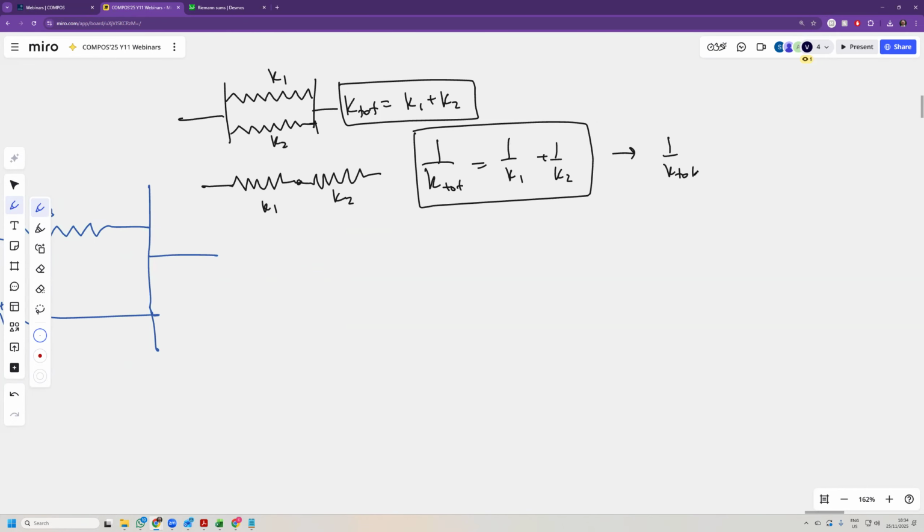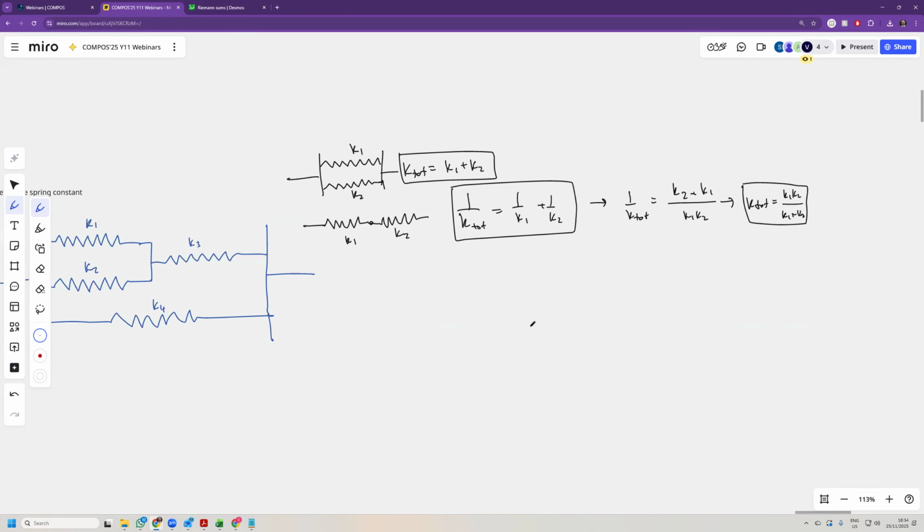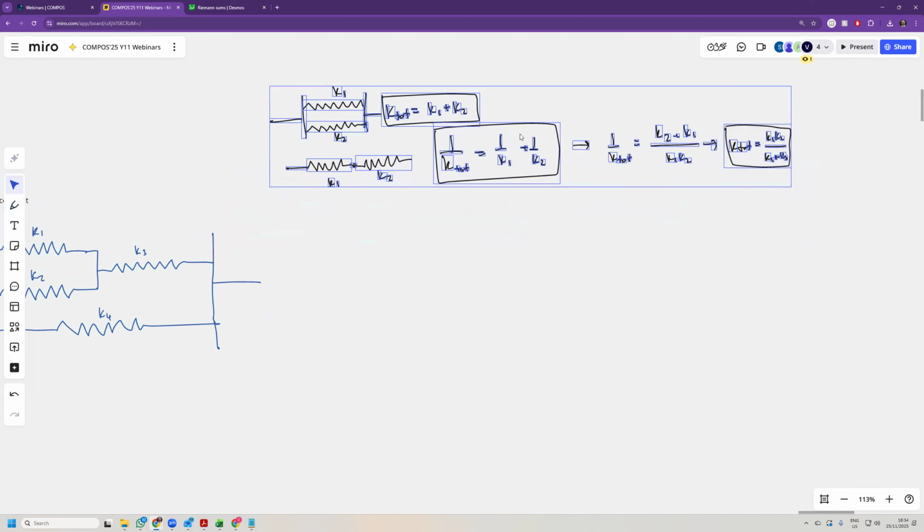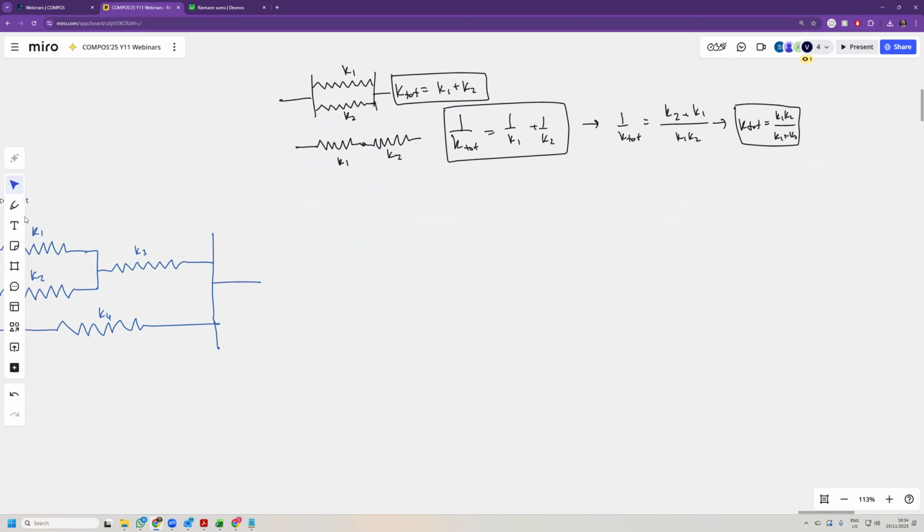So 1 over K total is K2 plus K1 divided by K1 K2, which is K total is K1 K2 divided by K1 plus K2. Quite a useful formula as well. Okay, so springs in parallel, springs in series. So this is parallel, and this is in series, and this is in series.